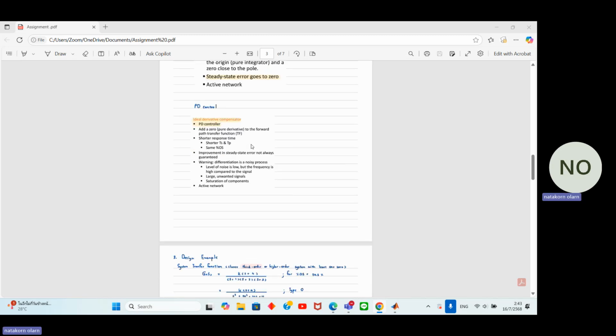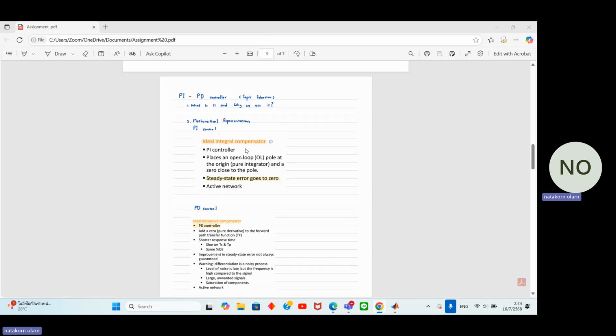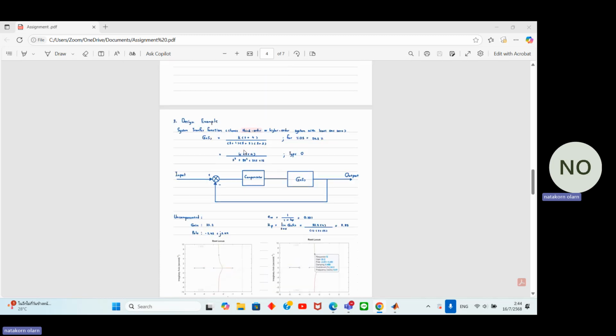The method of PD control will add a zero forward to the plant or the system. The benefit of the PD is that it can make a shorter response time and improve the steady state, but not greater than PI control.